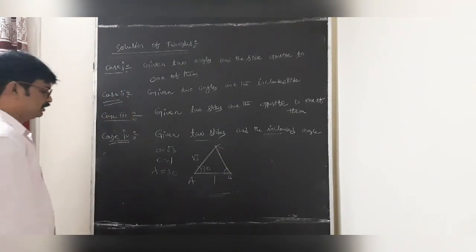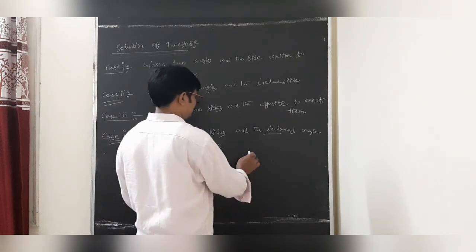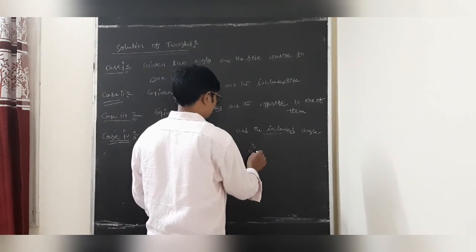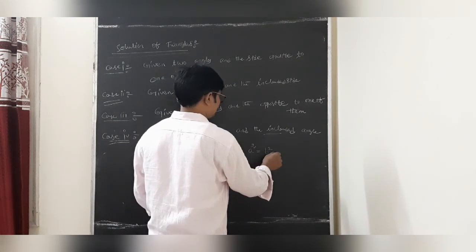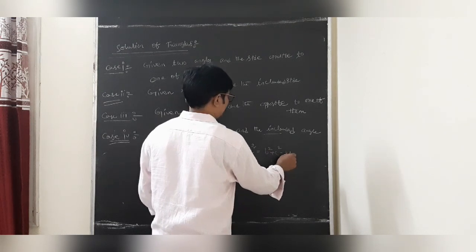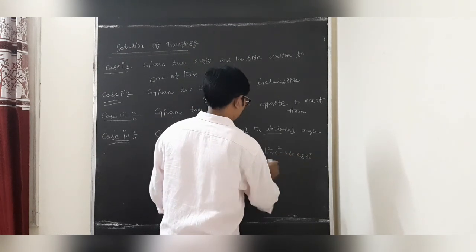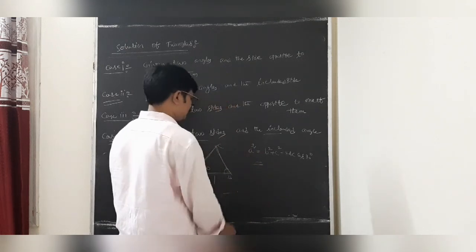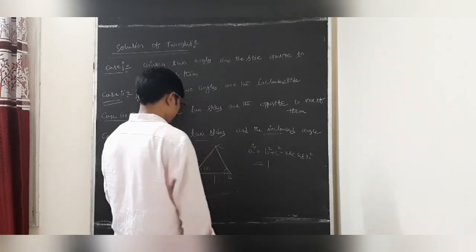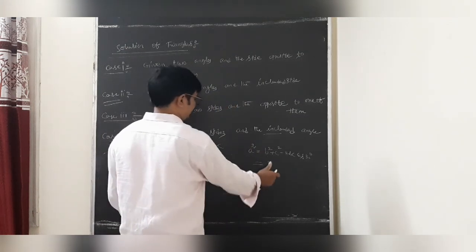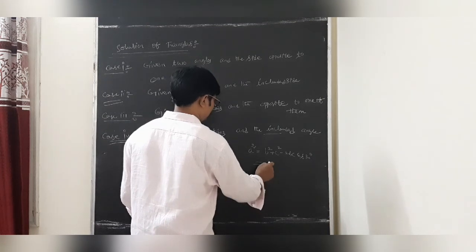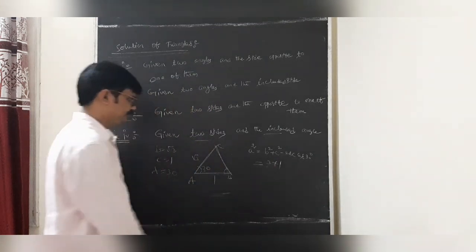First we take a square. That is b square plus c square minus 2bc cos 30 degrees. What is b square? Yes, b square is 3. c square is 1.